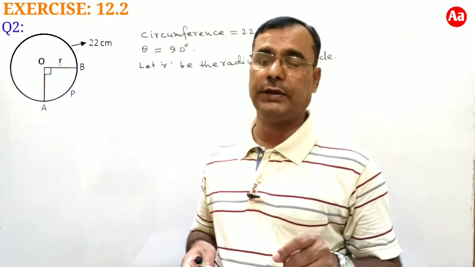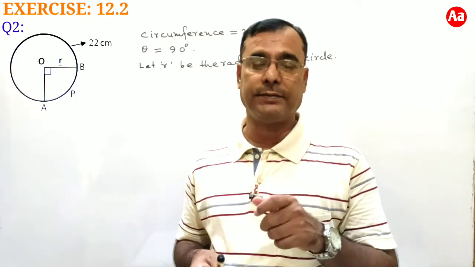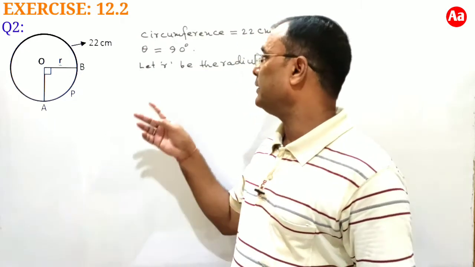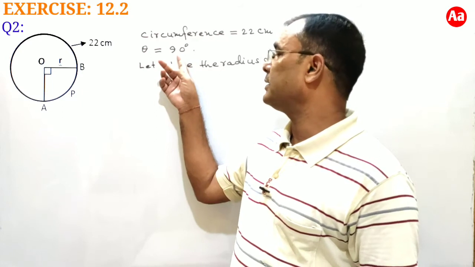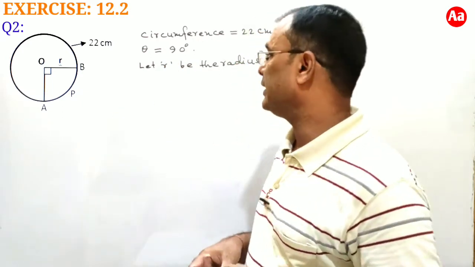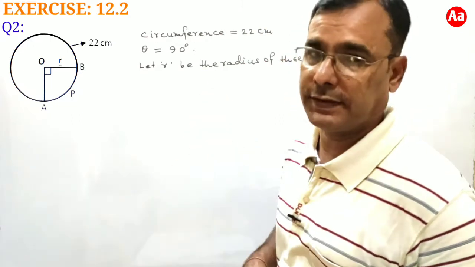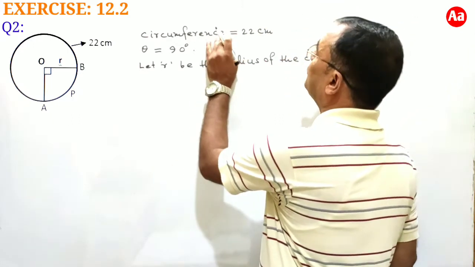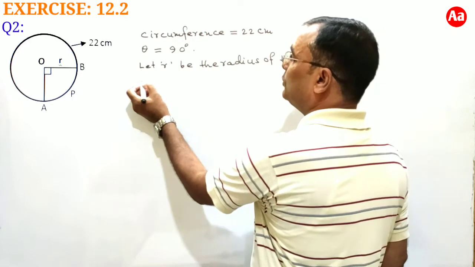So first we have to calculate radius of the circle, and the sector angle, or you can say angle of a quadrant, is 90 degrees. So let us calculate first radius of the circle using this circumference equal to 22 centimeter.